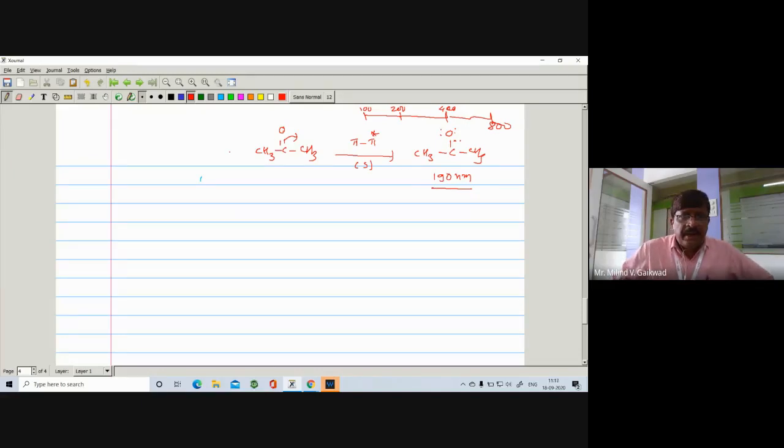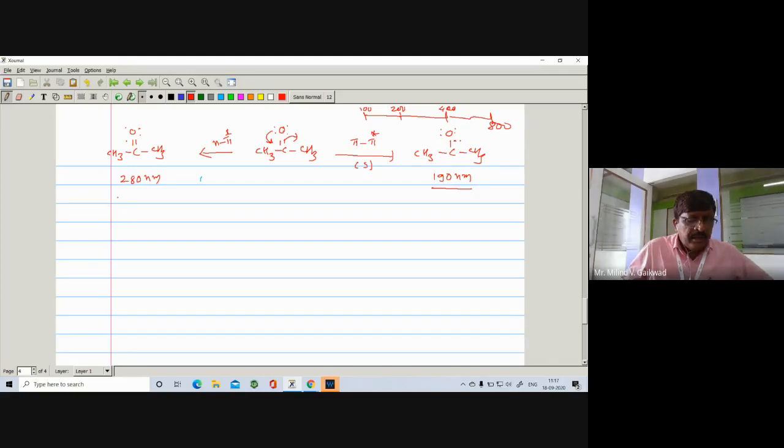This is strong. At the same time, it also undergoes an n to pi star transition. One of the electrons from the oxygen lone pair is shifted towards the pi star in CH3 C double bond O, and it appears at 280 nanometer.